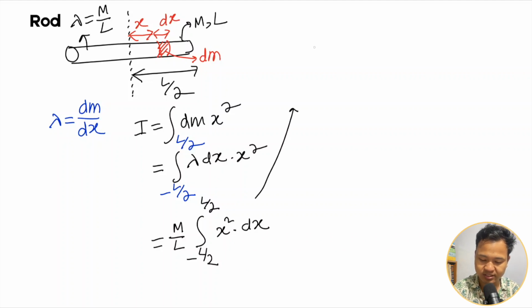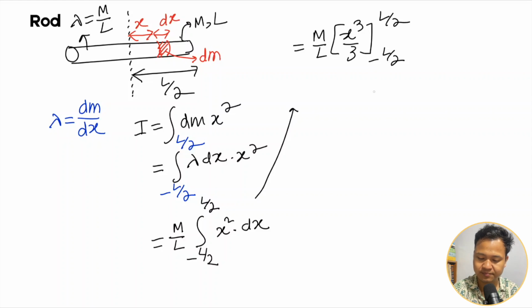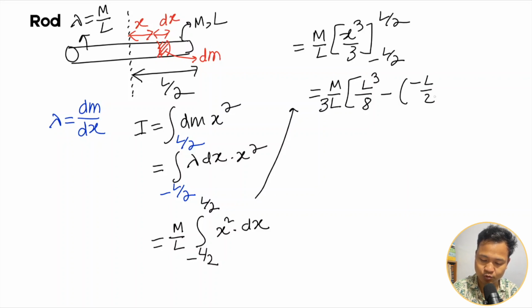Integrating, M by L into x squared integrates to x cubed by 3. Putting the limits, minus L by 2 to L by 2: L by 2 cube is L cube divided by 8, minus minus L by 2 the whole cube.